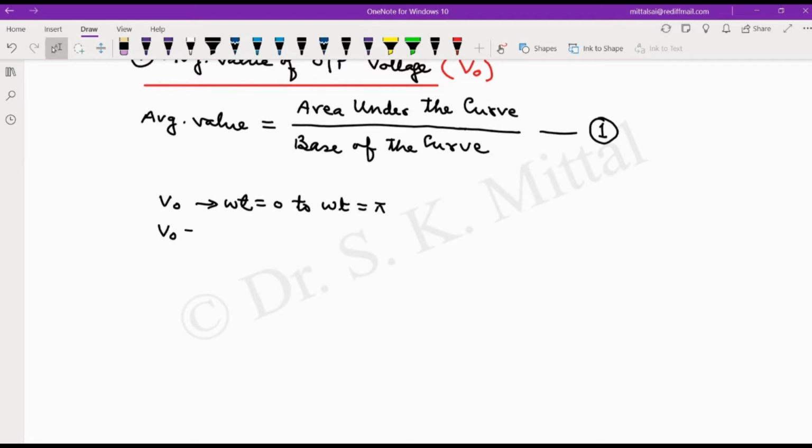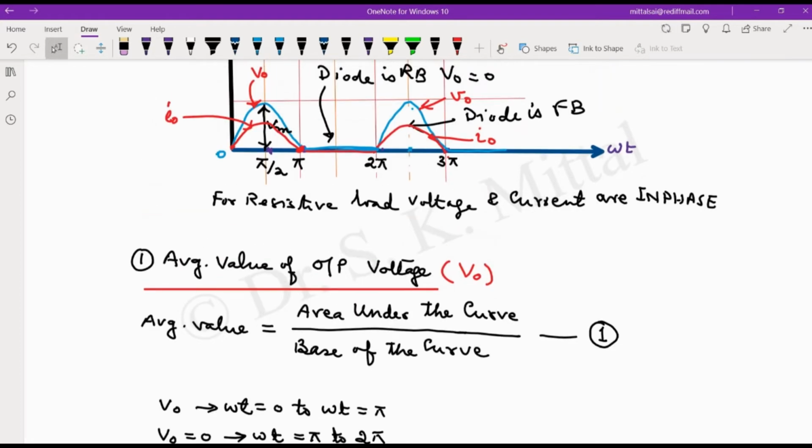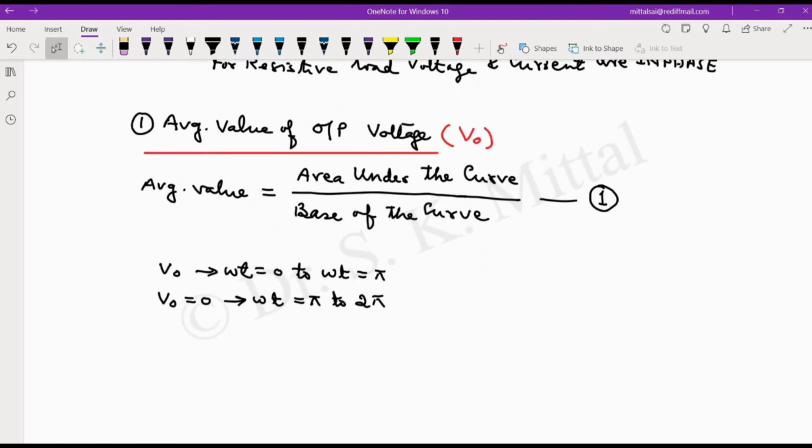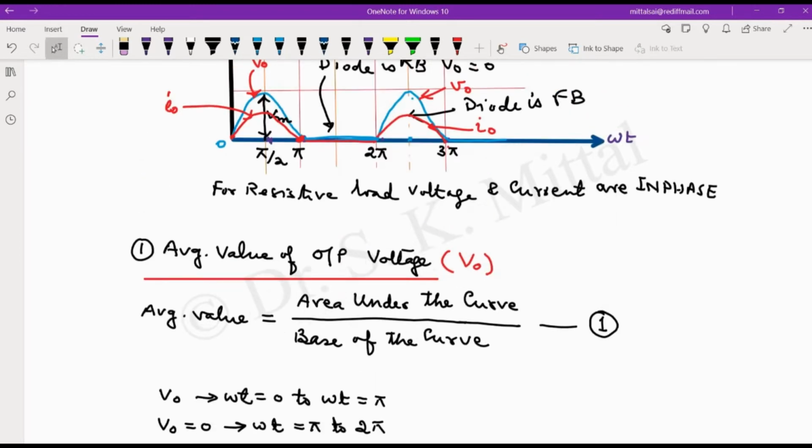Output voltage V0 is equal to 0 from omega t equal to pi to 2 pi. And after that, this is the output voltage from omega t equal to 0 to pi, and then from omega t equal to pi to 2 pi, output voltage V0 is equal to 0.